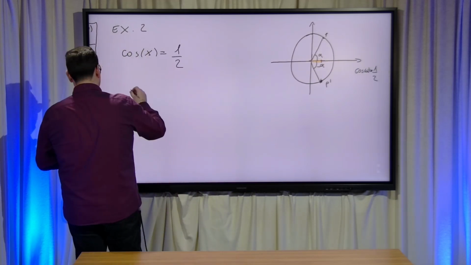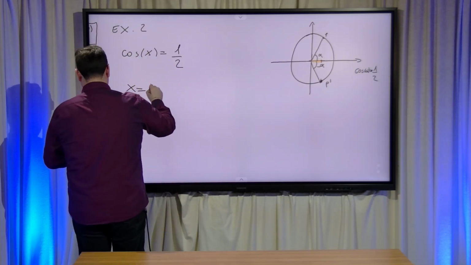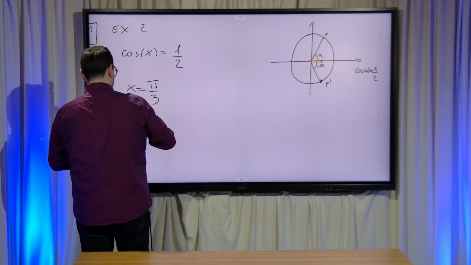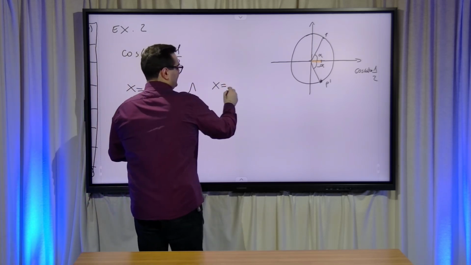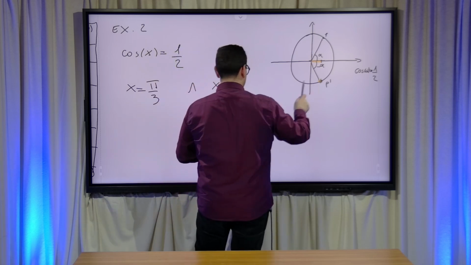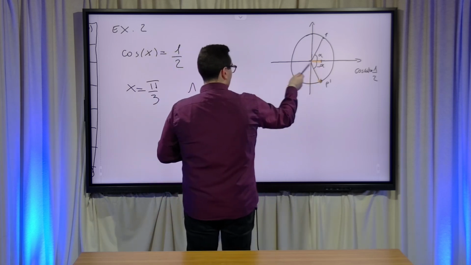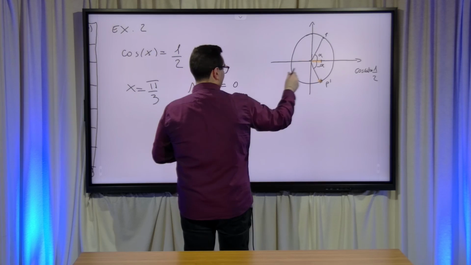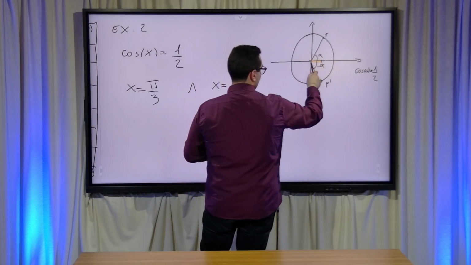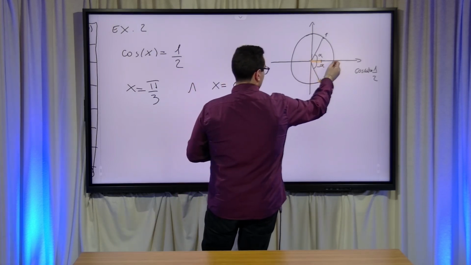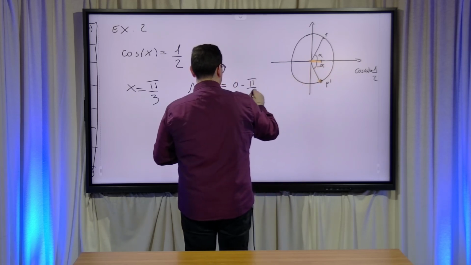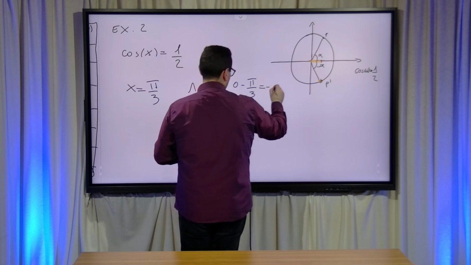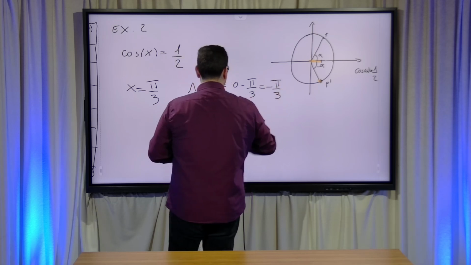I'm going to write here for the second solution, this one, I have to write 0 minus pi/3. So I'm saying this solution.